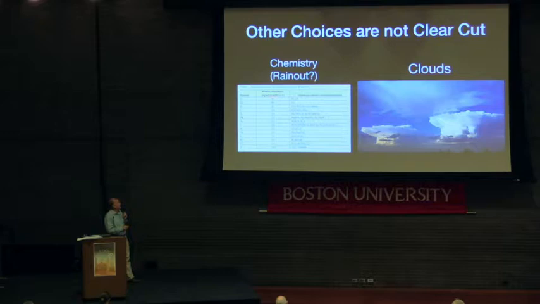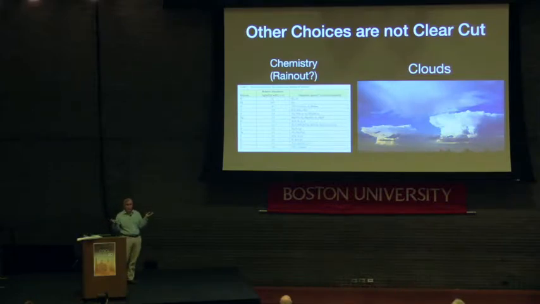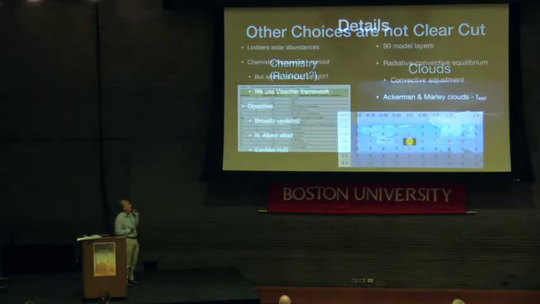We're using the approach of Channon Visscher, who was Katharina Lodders' postdoc; in our previous models we used Katharina Lodders' approach. And the big problem, of course, is what do you do about clouds? We're continuing to use in our set the Ackerman and Marley clouds, but I'll talk about how we know that isn't the end state. There needs to be improvements.